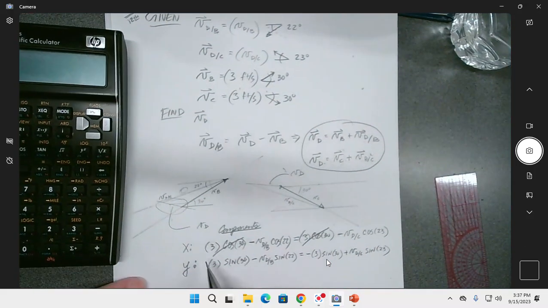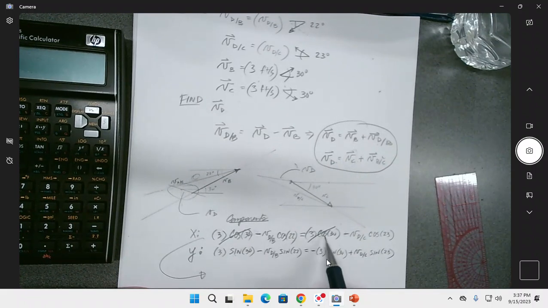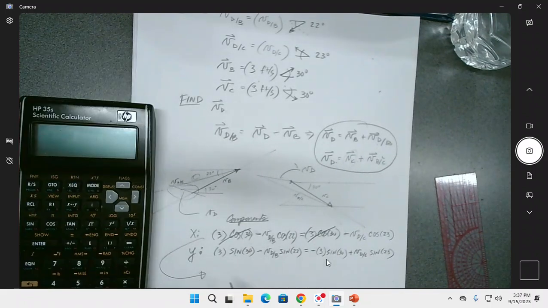So in our first one, because those 2 things cancel out with each other, we can find either one. Both of these are negative, so that's good.